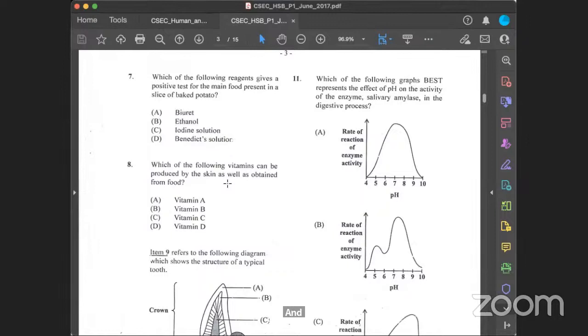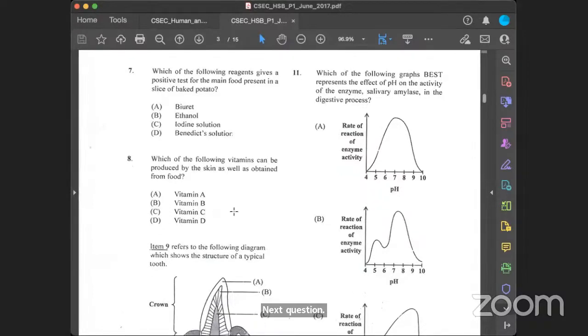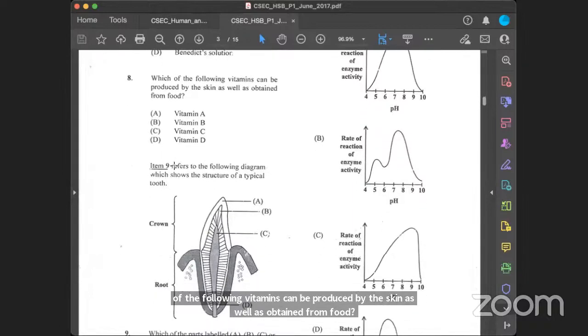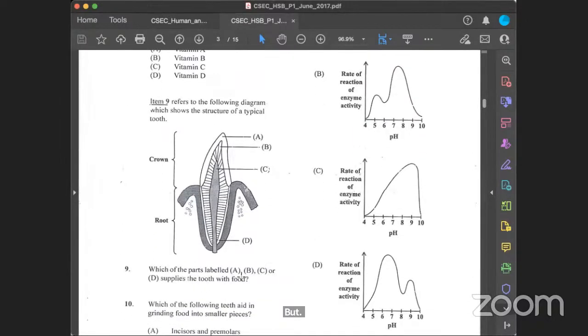Next question. Which of the following vitamins can be produced by the skin as well as obtained from food? Vitamin D. Good. 9, item 9 refers to the following diagram, which shows the structure of a typical tooth. Which of the following parts labeled A, B, or C supplies the tooth with food?